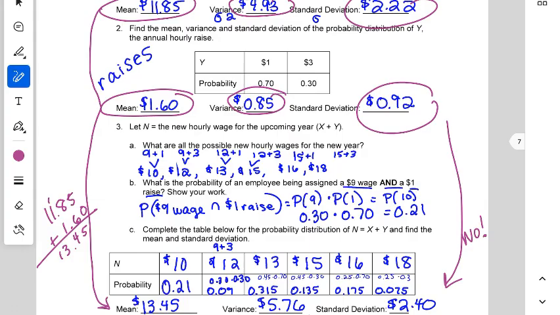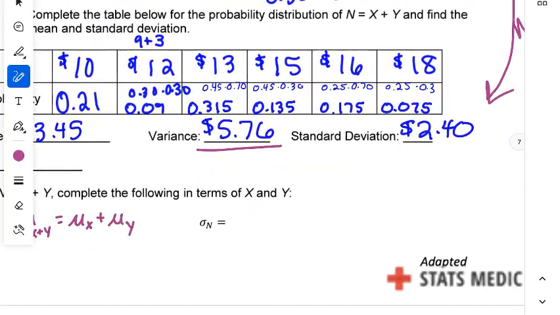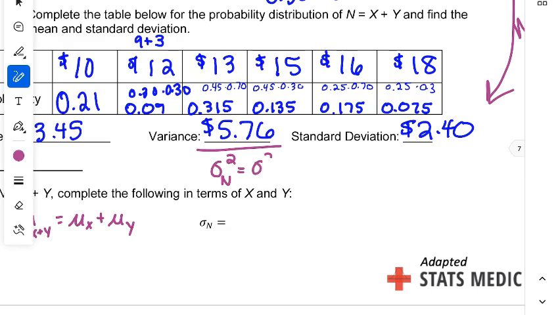So do y'all remember in the Ed Puzzle what kind of formula we can use? Pythagorean. Yep, Pythagorean theorem. So the way this works is variance is found by doing sigma squared. And if this is n, or x plus y, then I would do variance of x plus variance of y.